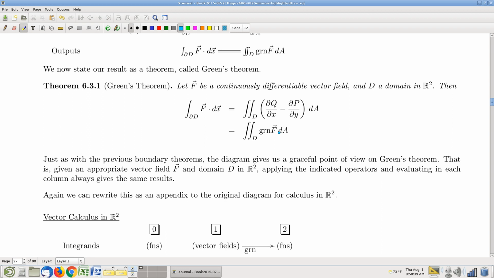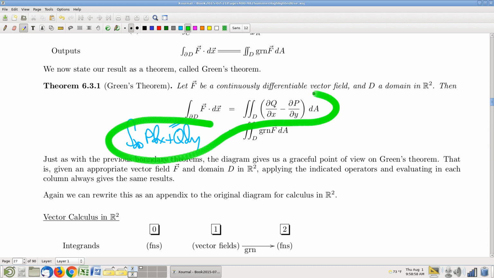In fact, honestly, very often you're going to see this written as integral of p dx plus q dy. And so very often you will see the theorem written as that. Which, again, it's like, wow, that's a lot of notation that would summarize much more compactly like that.